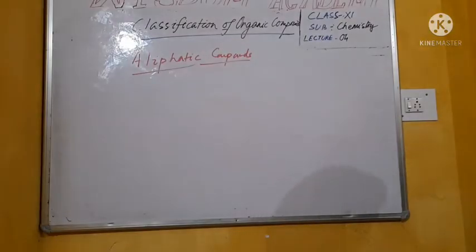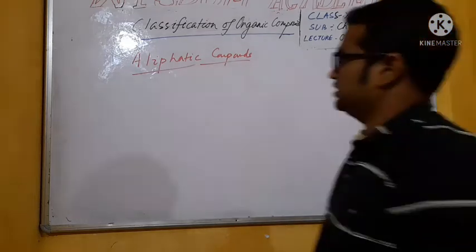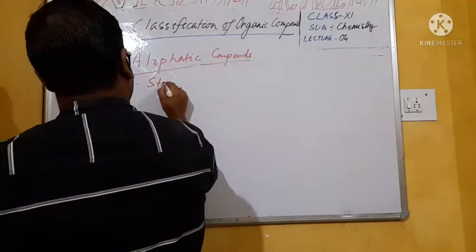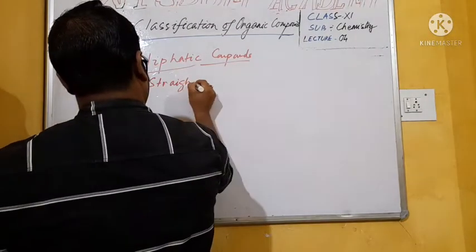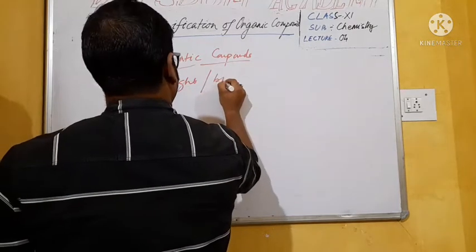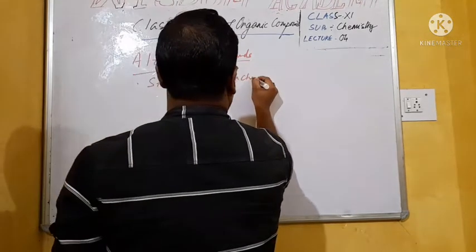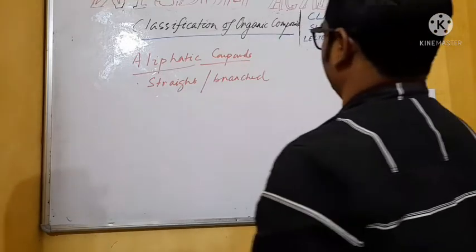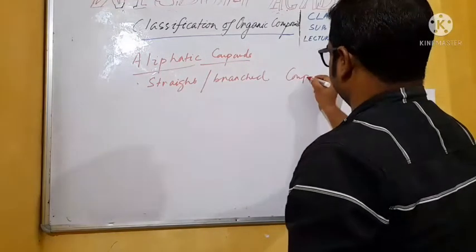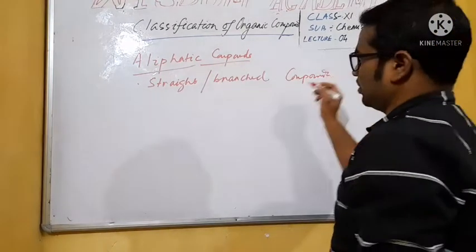Aliphatic compounds are straight or branch chain compounds.